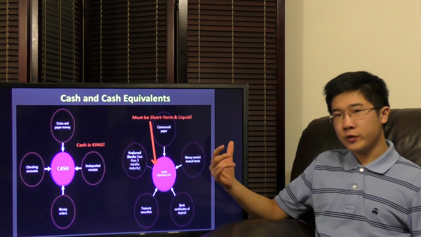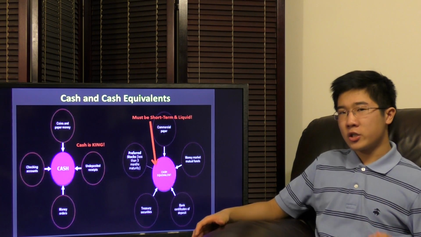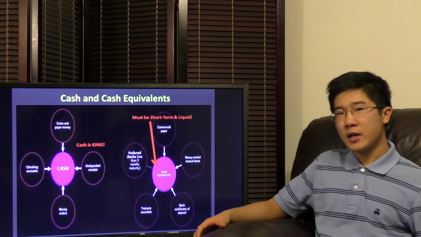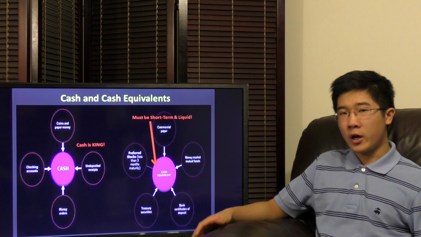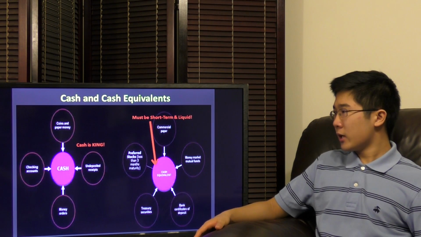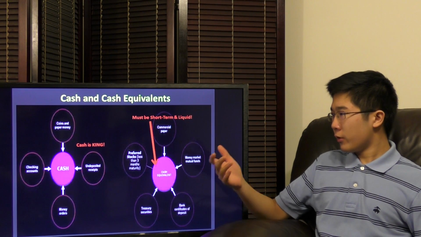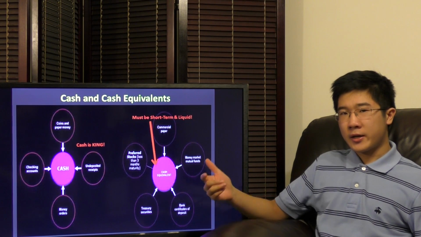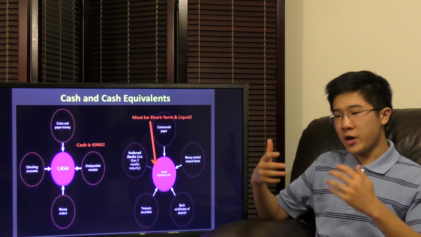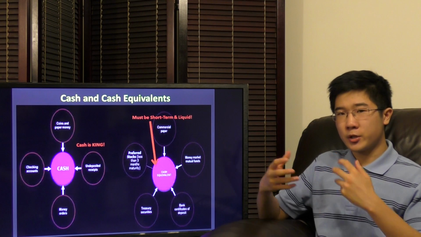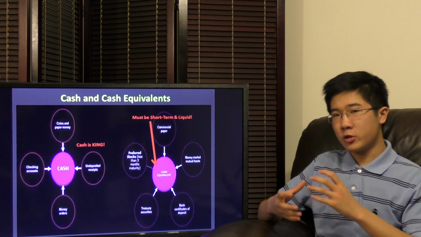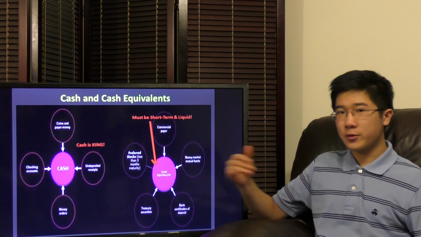Especially during recessions, they are an extremely important asset class and also extremely ignored at times, because cash minimizes risk, and sometimes you're not trying to be aggressive in your investments. You're trying to preserve your capital, and the best way to preserve your capital is cash.